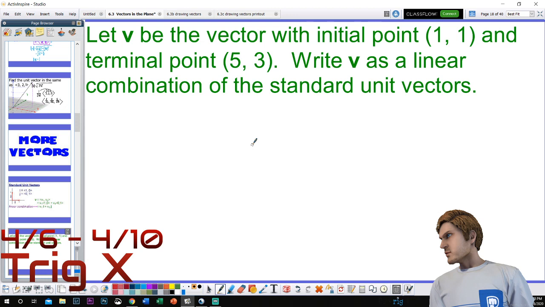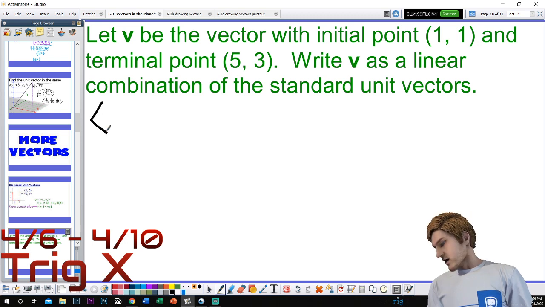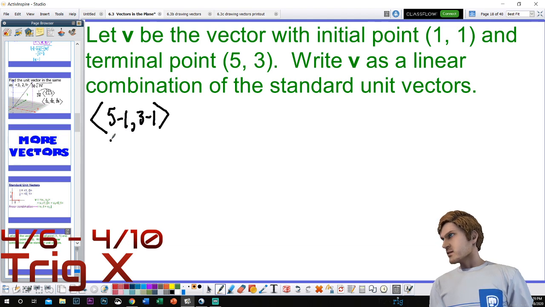So we're going to let v be the vector with the initial point 1, 1 and the terminal point 5, 3. We're going to write v as a linear combination of the standard unit vectors. So way back, just minutes ago, we did 5 minus 1, comma 3 minus 1, and we found out that was the vector for 2.